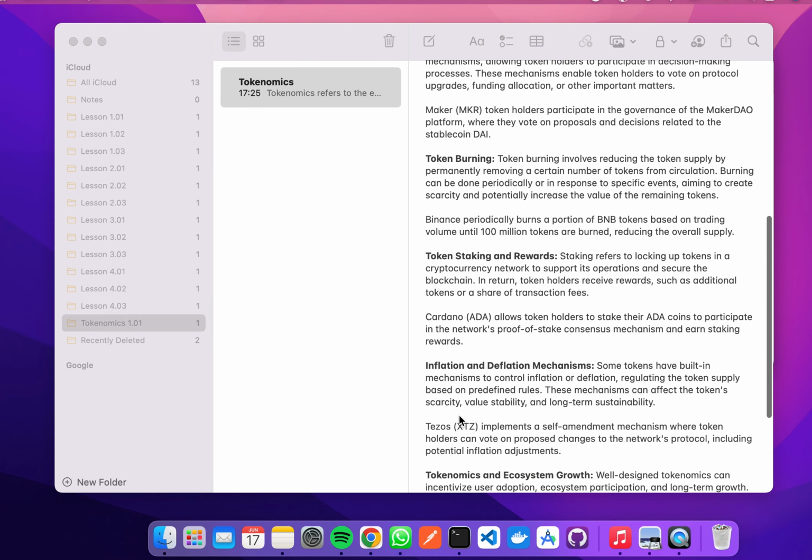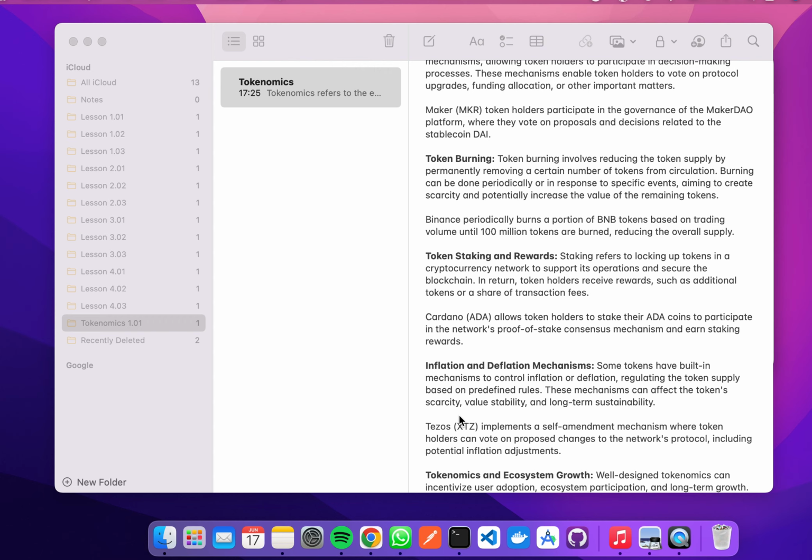When it comes to token burning, for example, token burning involves reducing the token supply by permanently removing a certain number of tokens from circulation. Burning can be done periodically or in response to specific events, aiming to create scarcity and potentially increase the value of the remaining tokens.